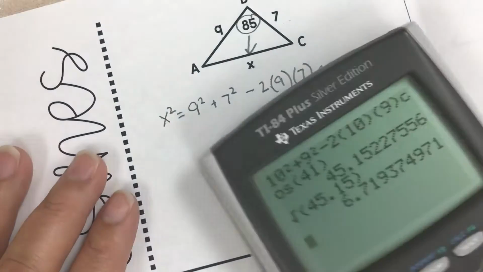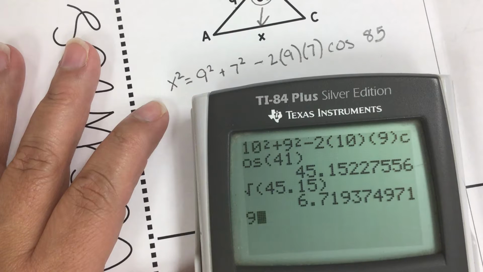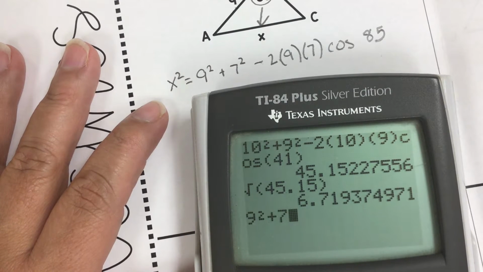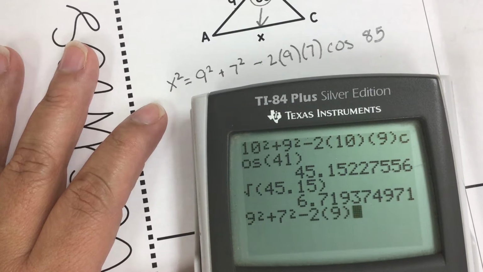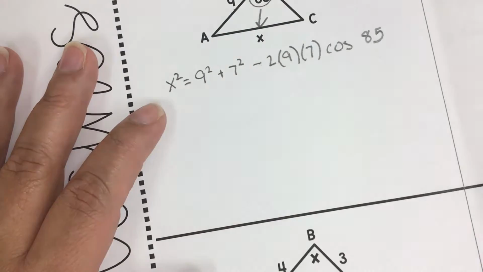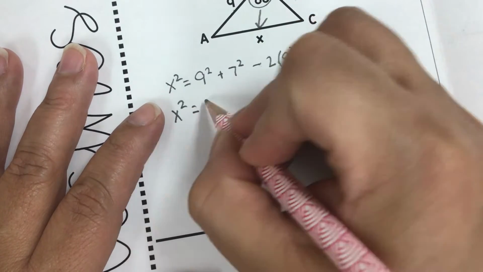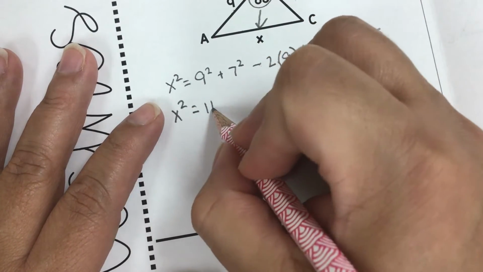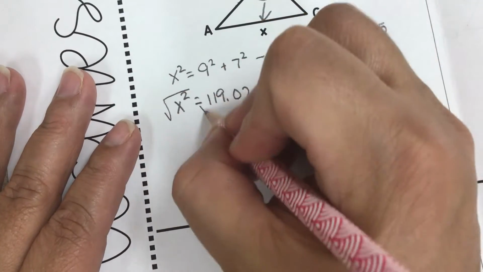And you can put all of that in the calculator. 9 squared plus 7 squared minus 2 times 9 times 7 cosine of 85. And you get x squared is equal to 119.02. Then you do the square root of both sides.